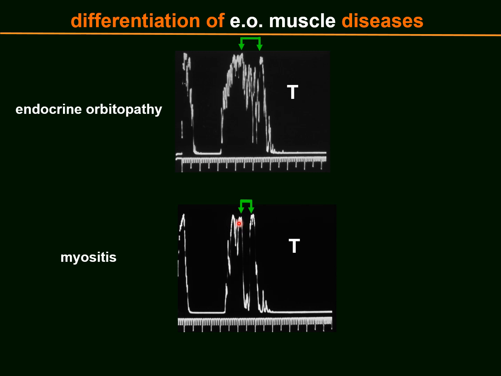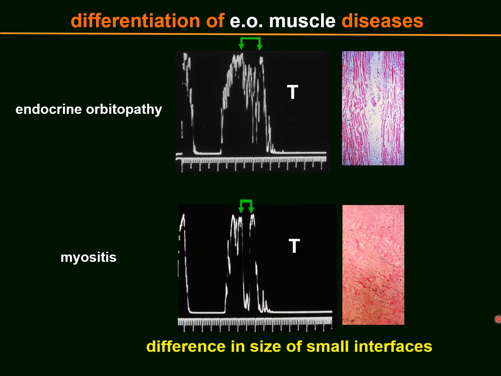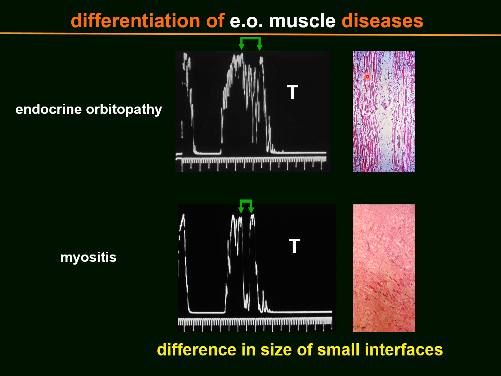The septal signals are much clearer, separated from the low spikes of the muscle interior. And when we look at the histology, we have the explanation again. These are larger interfaces than here in the myositis, where we have edema and cellular infiltration.